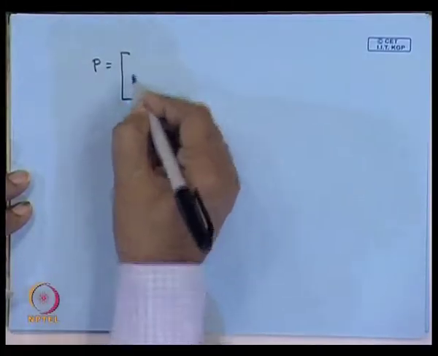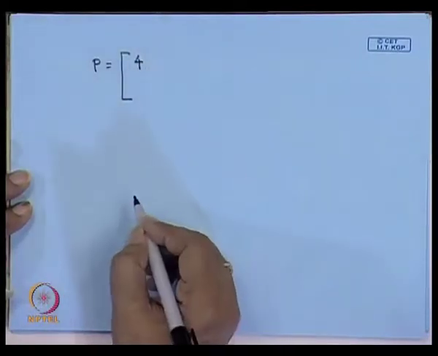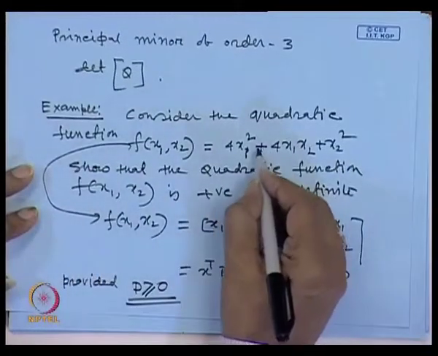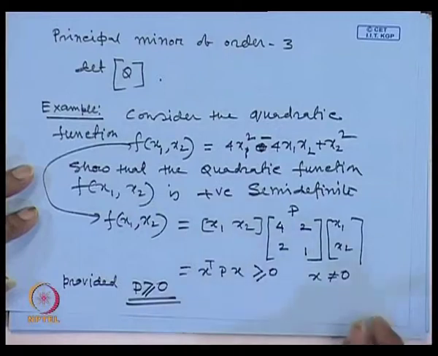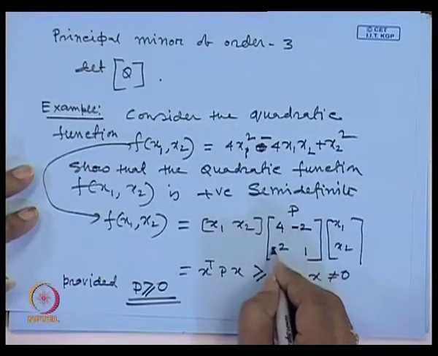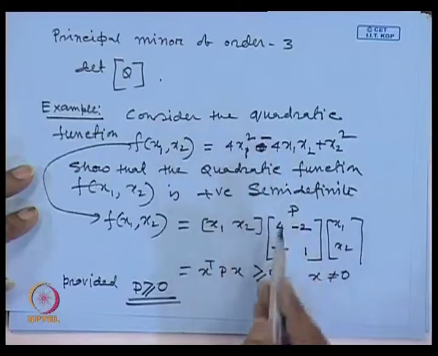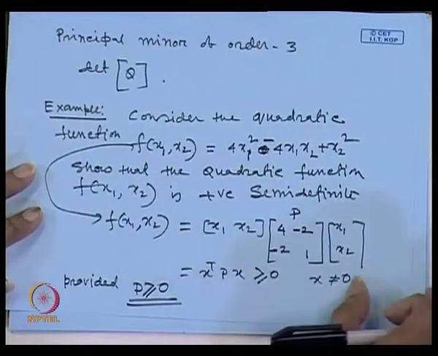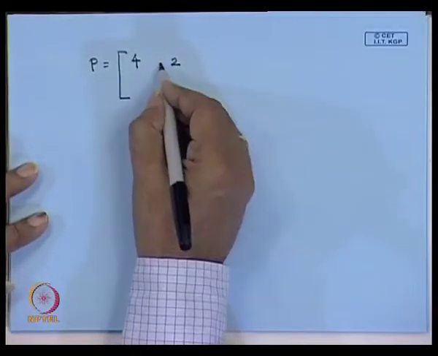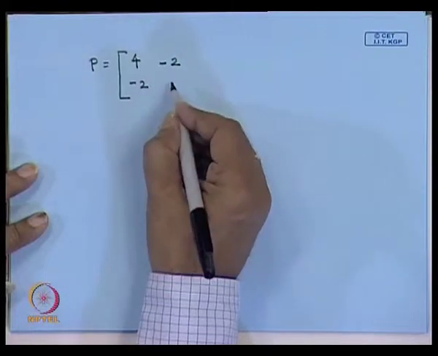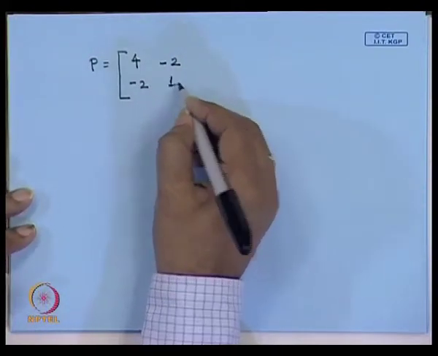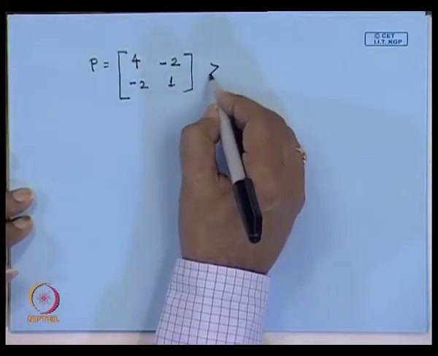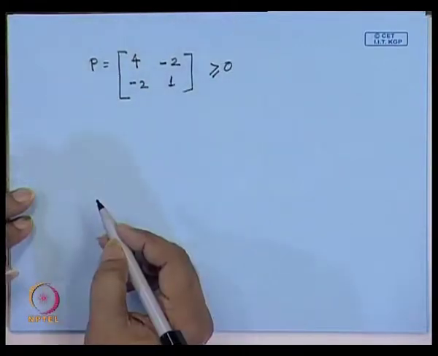Here, this quantity is minus, a mistake here, this is a minus quantity, because minus 4 gives minus 2 here. So, I am writing P as this one. I have to check whether this matrix is positive semi definite according to the Sylvester criteria.